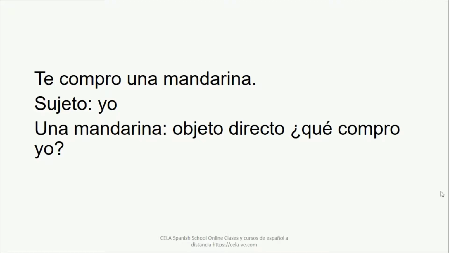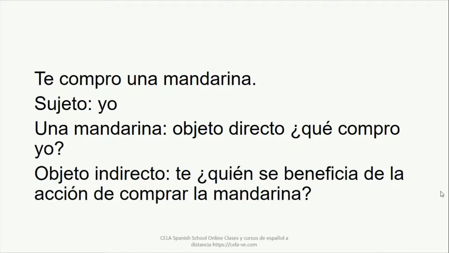In this sentence, una mandarina is direct object. I also have te. Te is para ti, for you. Yo compro una mandarina para ti. Para ti or a ti becomes te. This is the indirect object.